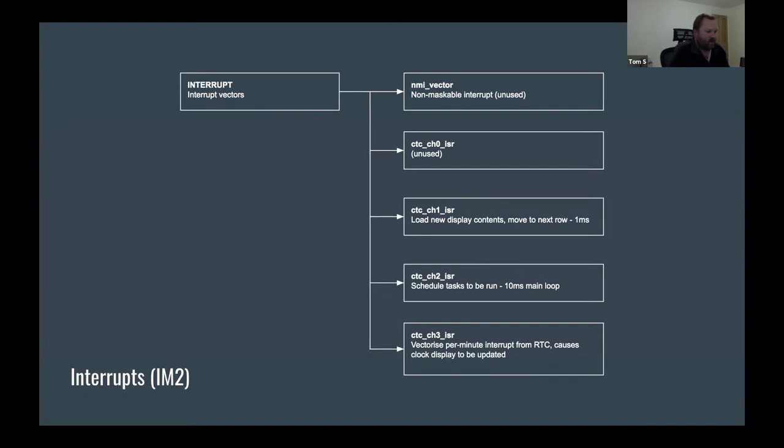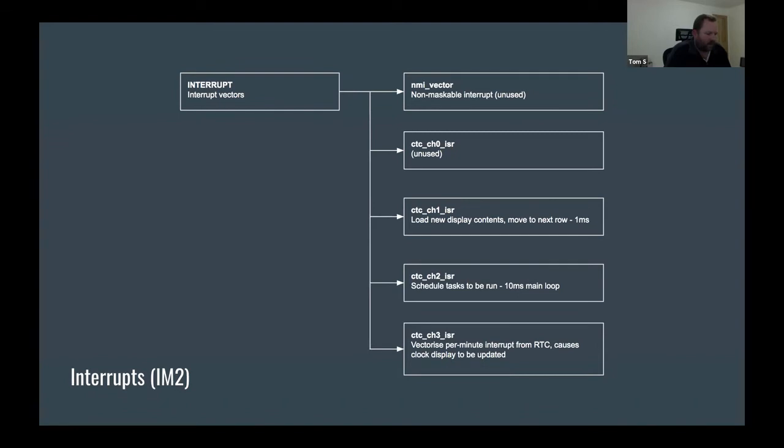Channel 2 does the 10 millisecond tick for the main loop, and channel 3 was used for vectorizing the interrupt from the real-time clock. The real-time clock is configured to generate an interrupt once per minute, and this process involves a couple of semaphores.